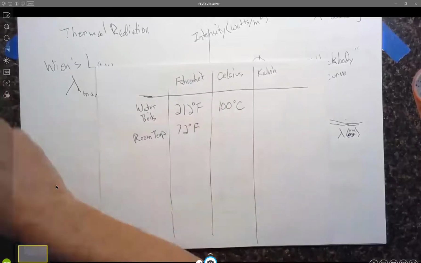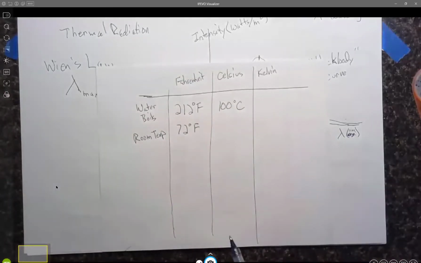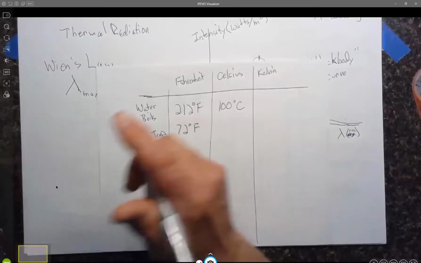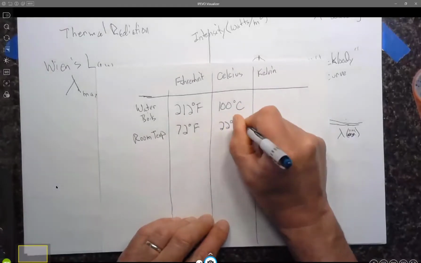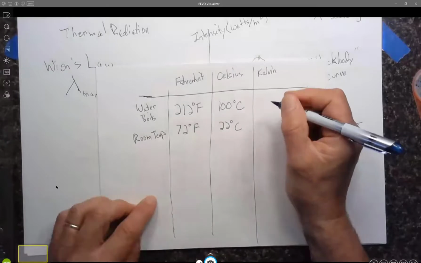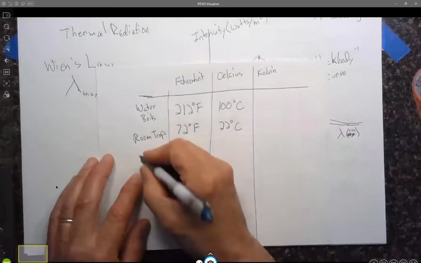Doesn't need to be that warm, but sometimes that might be the temperature of a room. That would end up being about 22 degrees Celsius. I just did a calculation here to figure that out.